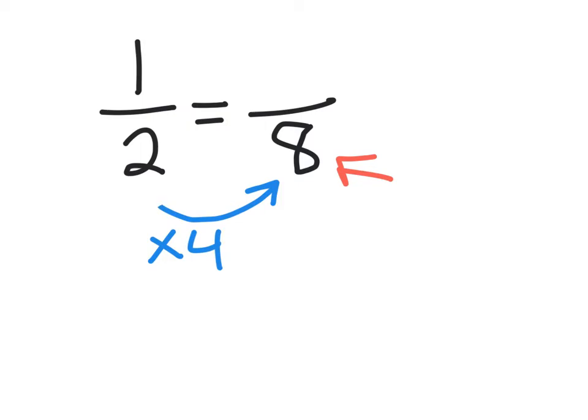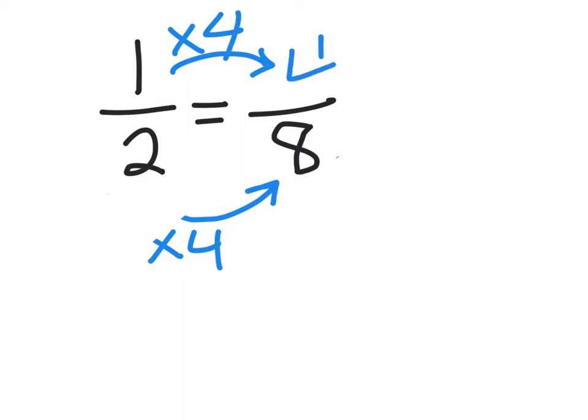So when we multiply by 4 on the bottom, we have to do the exact same thing on the top, and that will give us our new numerator. 1 times 4 we know is 4. And that's how we can do it without having to draw pizzas every single time.